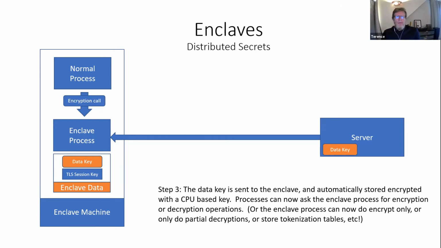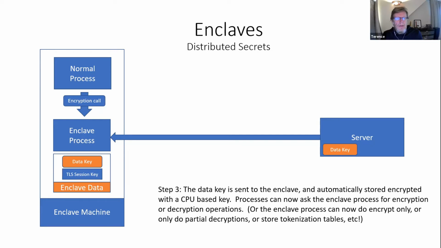So again, this is a little complex, but this has created something we couldn't do before, because now if I'm in this state and I am an admin with complete rights to the box, or if I core dump the machine, or if I zero-day the operating system or the hypervisor, it's irrelevant, because all I can do is ask the enclave process to do the polite things that it wants to do.